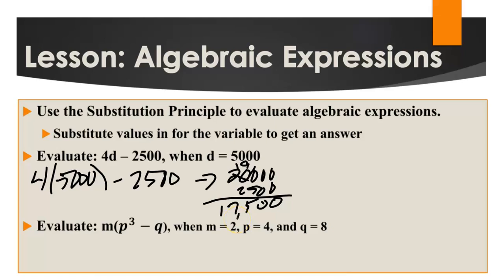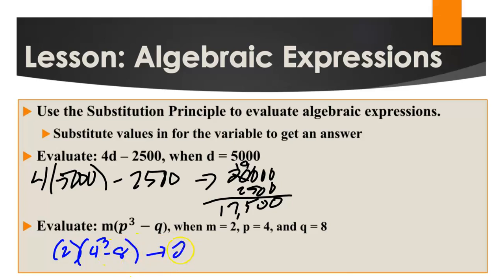Next, evaluate m times p cubed minus q. M is 2, p is 4, q is 8. So this one, m is 2, and I'm multiplying this by 4 cubed minus q, which is 8.